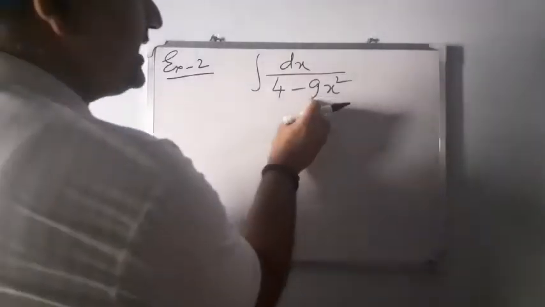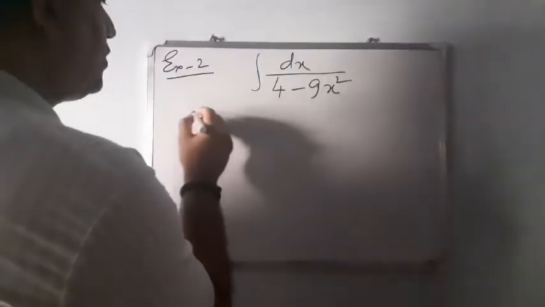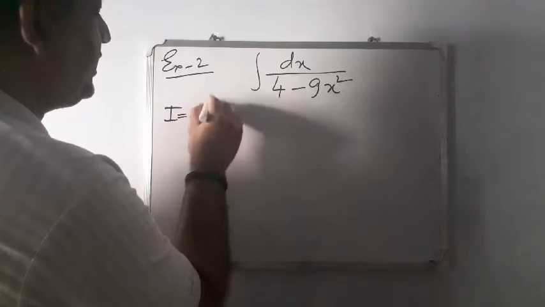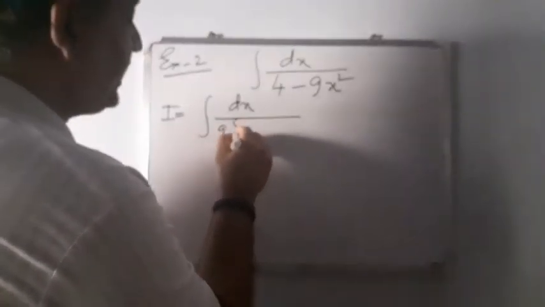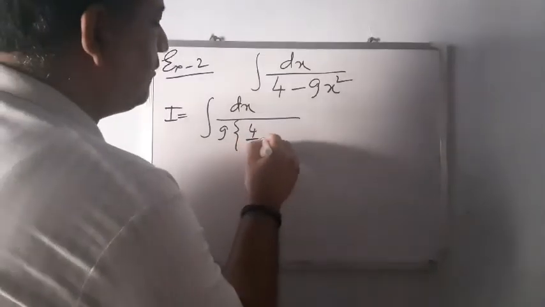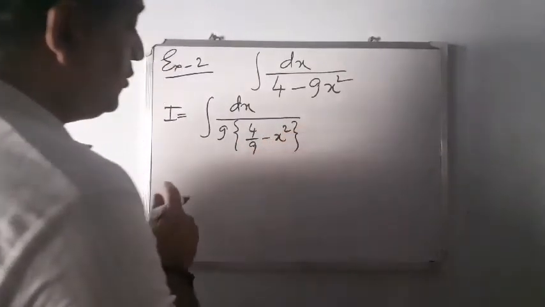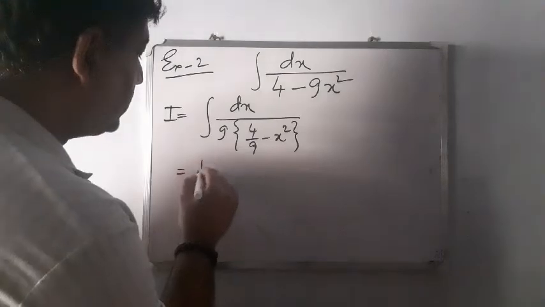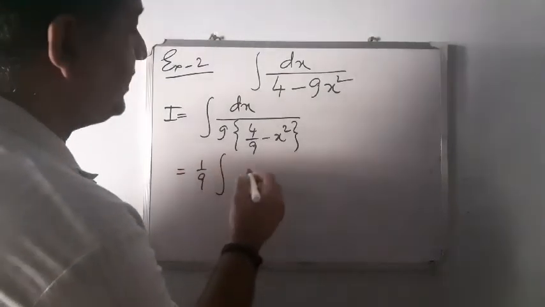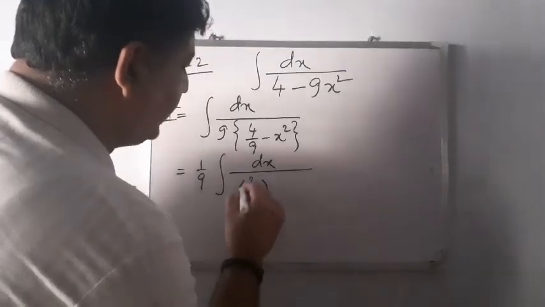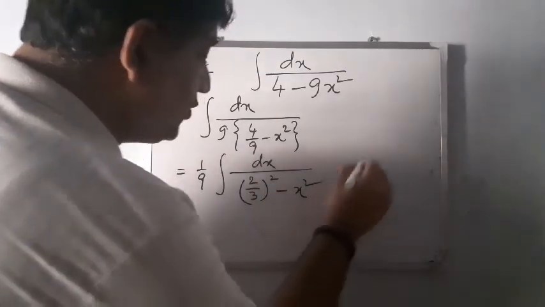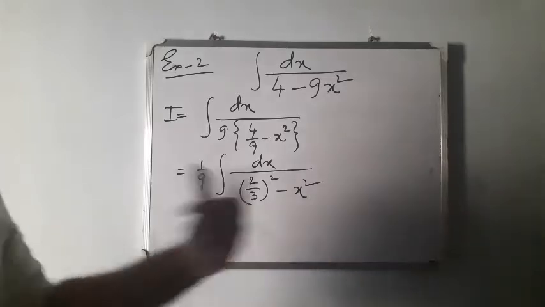We have to just take 9 common. How can you write? I is equal to integral dx by, when you take 9 common, in the bracket you will get 4 by 9 minus x square. Now 1 by 9 should be taken out, and this integral becomes dx by 2 by 3 whole square minus x square. Now try to observe which formula is applicable.